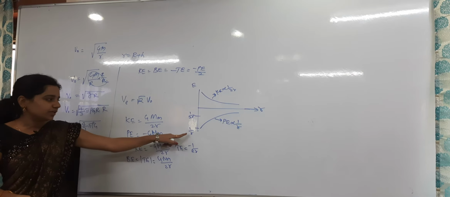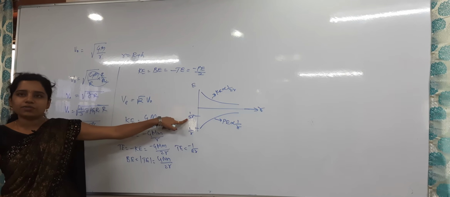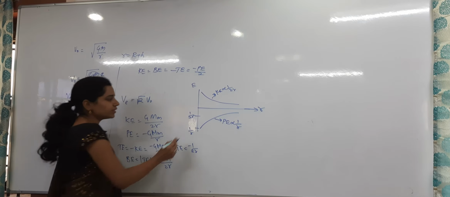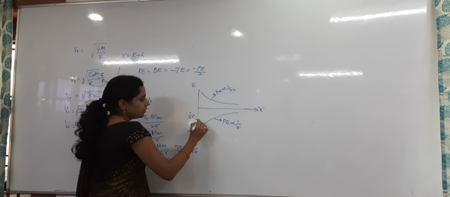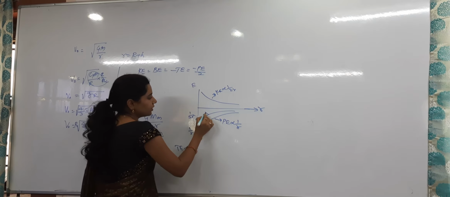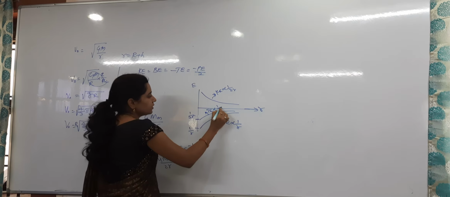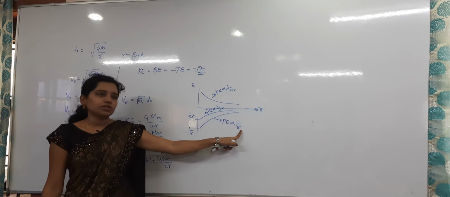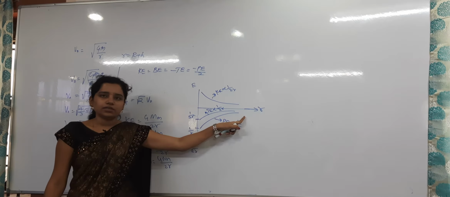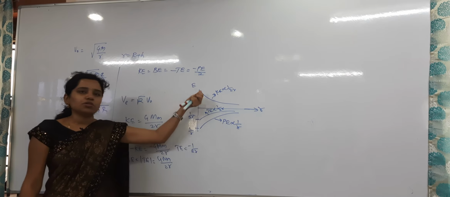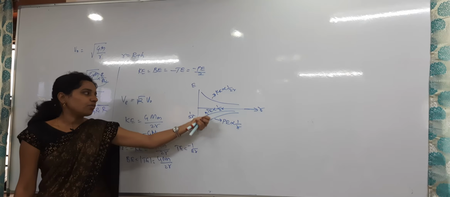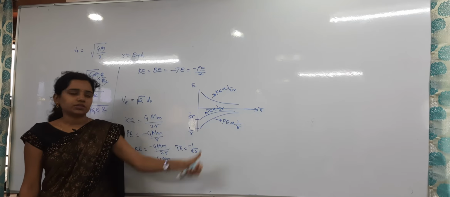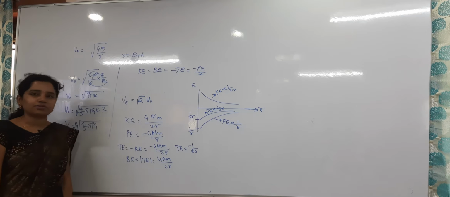For example, if here it is 10, this will obviously be 5 only. So somewhere else it will go like this. Now we have to draw the curve here like this. The total energy is inversely proportional to 2r, and potential energy is inversely proportional to r. We are getting half of that value, so above that only we have to draw it. So above that we got 1 by 2r total energy. These are the energy curves we have drawn yesterday.